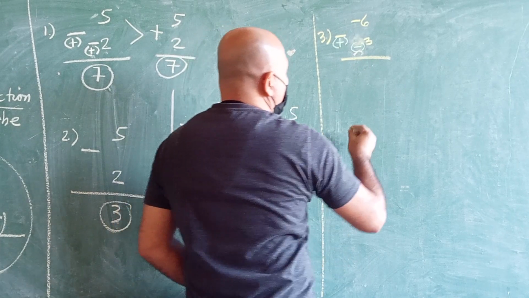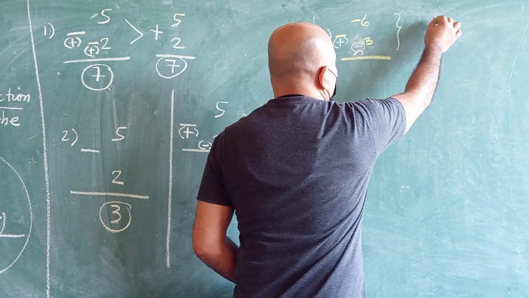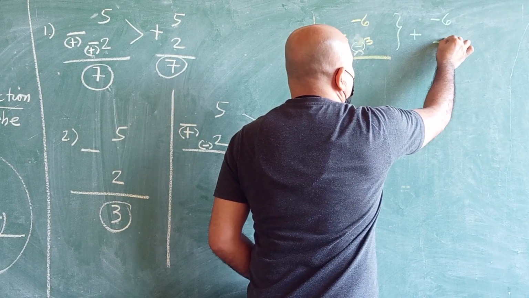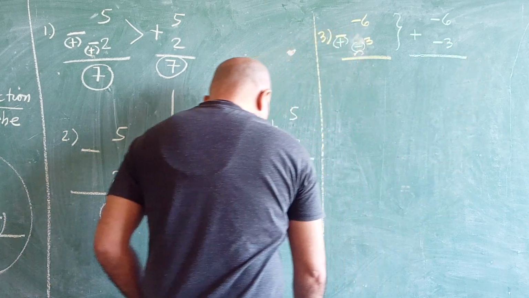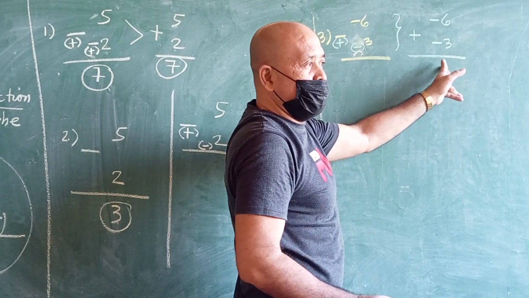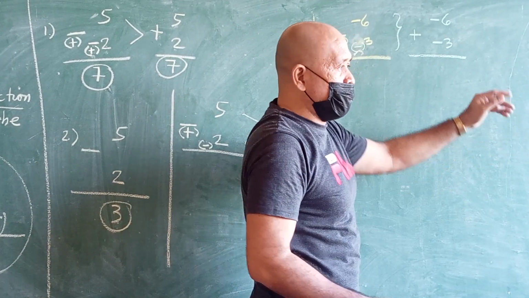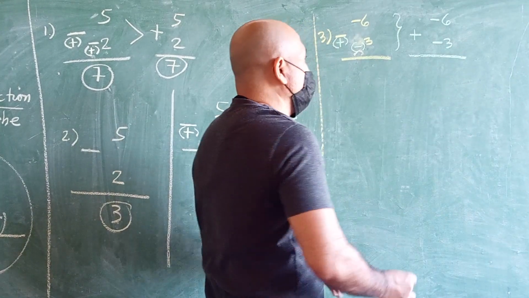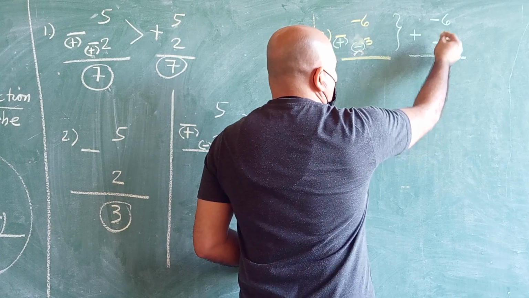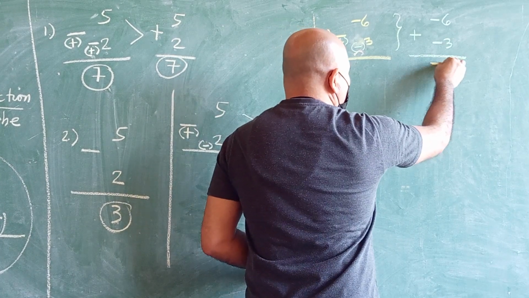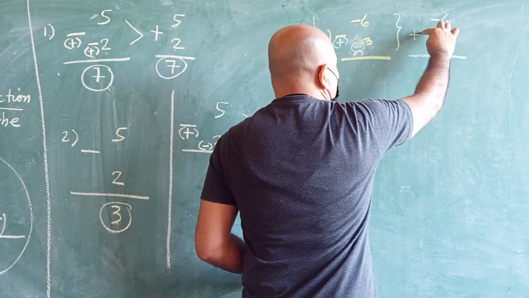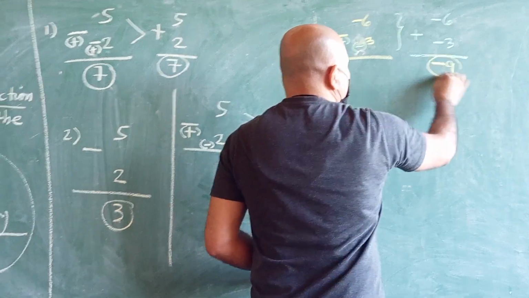The result now becomes negative 6 plus negative 3. Could you still recall how we add integers where signs are the same? As long as their signs are the same, you just bring down the common sign and then add directly all the numbers. That is 6 plus 3, which is equal to 9.